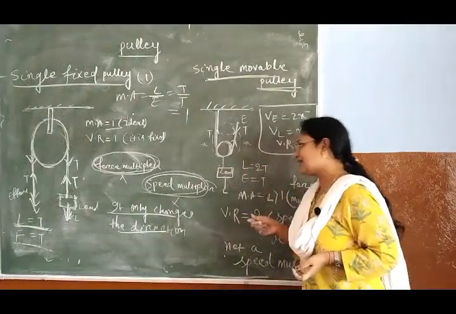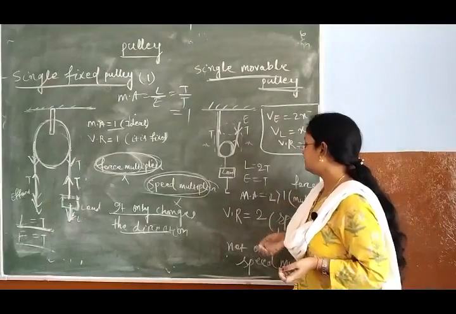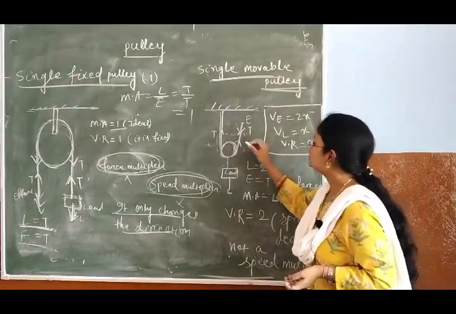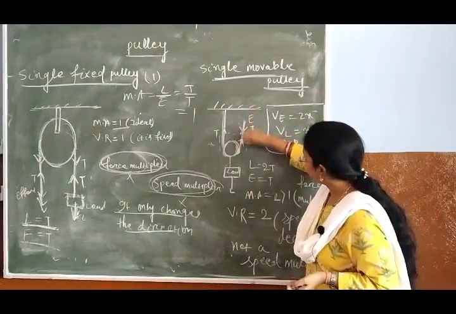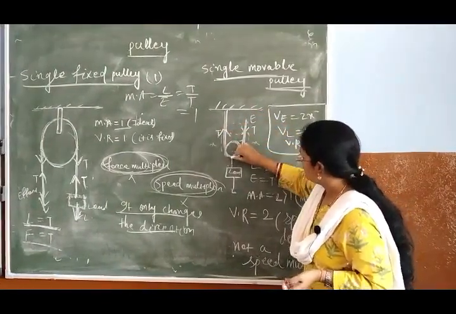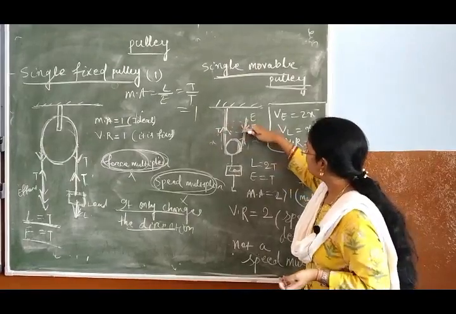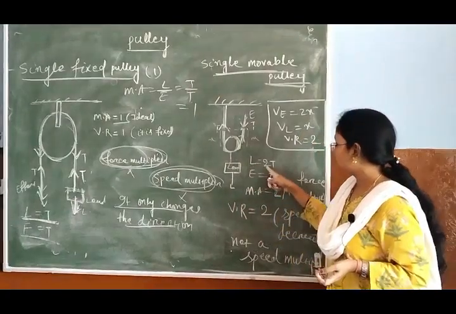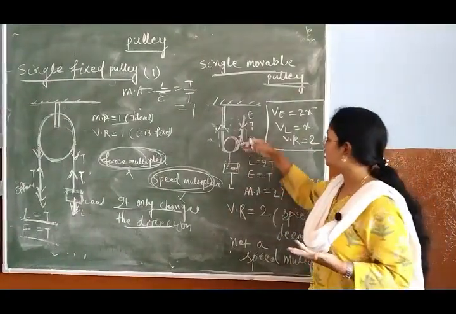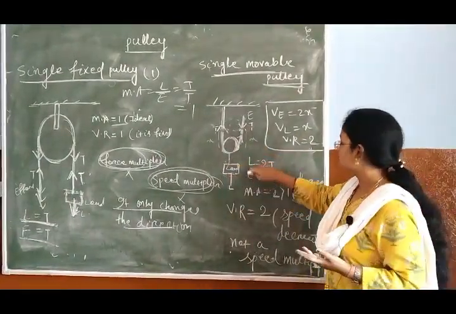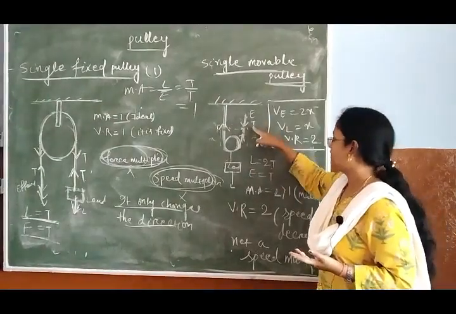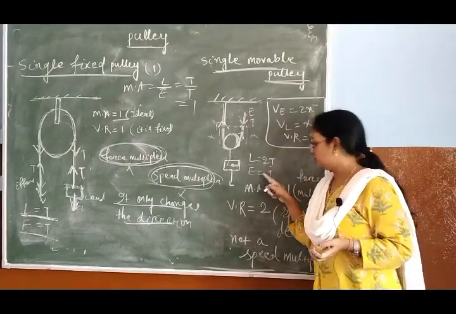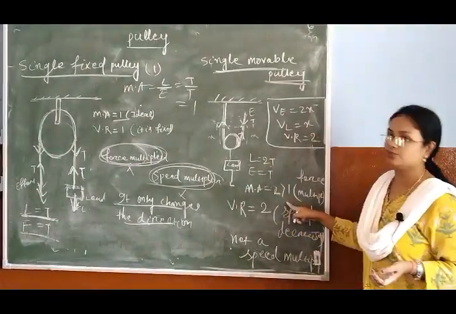Then how do we find the mechanical advantage in this case? Mechanical advantage is load by effort. This one is T and this one is T. The total upward force is T plus T, that is 2T, and the downward force is L. For equilibrium, the upward force equals the downward force, so L equals 2T and effort equals T. So mechanical advantage equals 2T by T, that is 2.